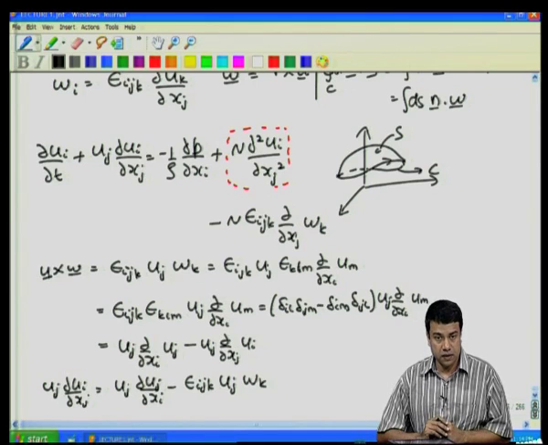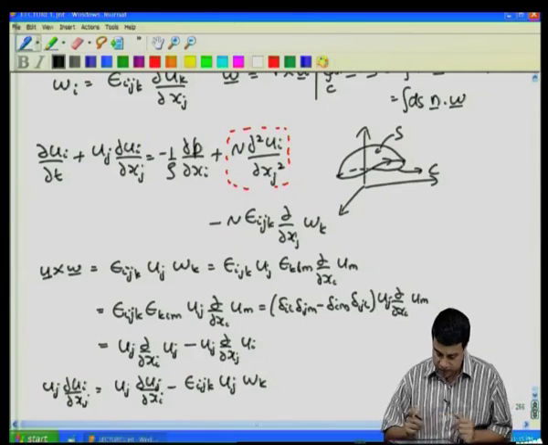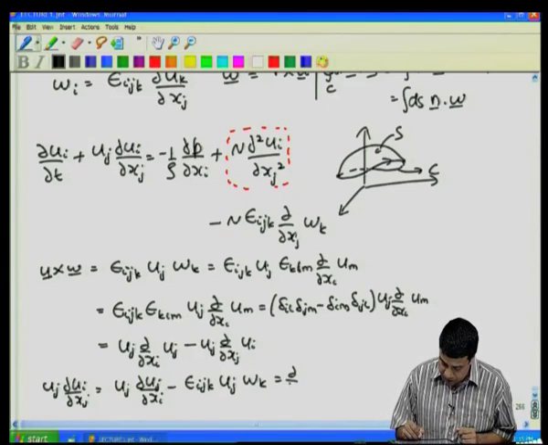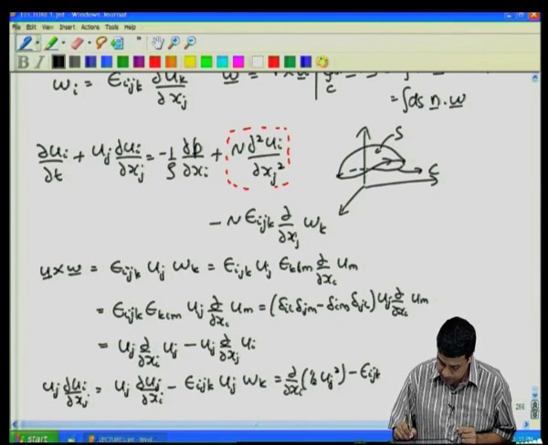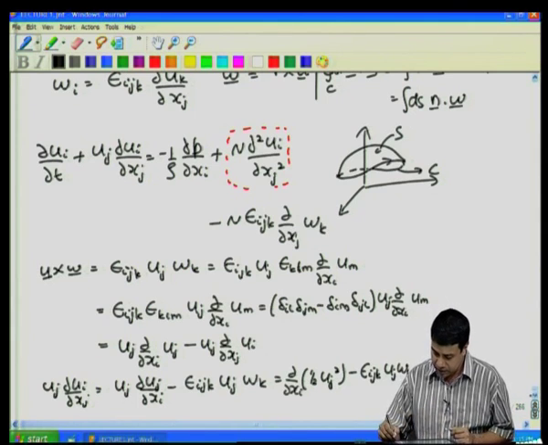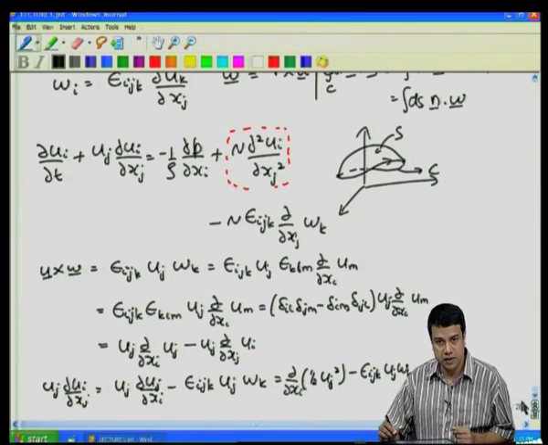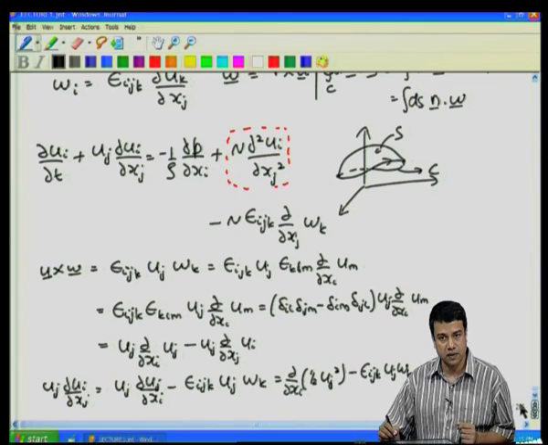And you recall that u_j partial u_j by partial x_i can also be written as partial by partial x_i of half u_j square. So, it is equal to partial by partial x_i of half u_j square minus epsilon ijk u_j omega_k. Okay. Because u_j partial u_i by partial x_j can also be written as partial by partial x_j of half u_j square. Okay.